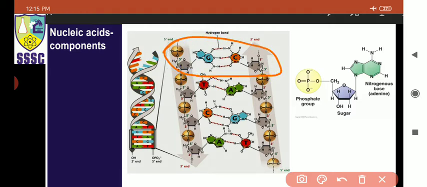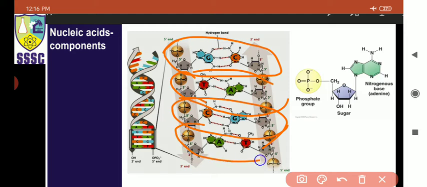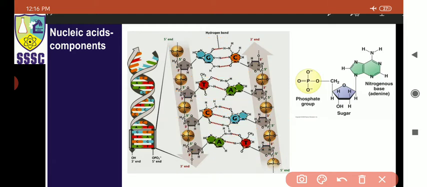So we look at this component. This is one nucleotide pair, second nucleotide pair, third nucleotide pair, fourth nucleotide pair.